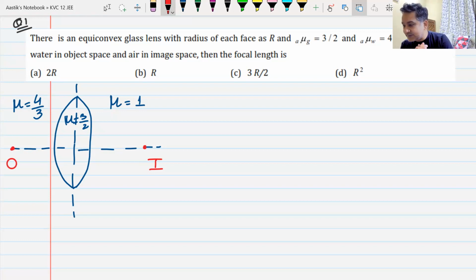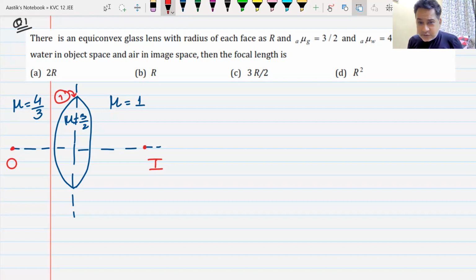How are you going to do this? I'm going to take two refractions. What is the first refraction? It will happen from this surface. Do we understand this? Can I have raised hands from everyone that we understand this?